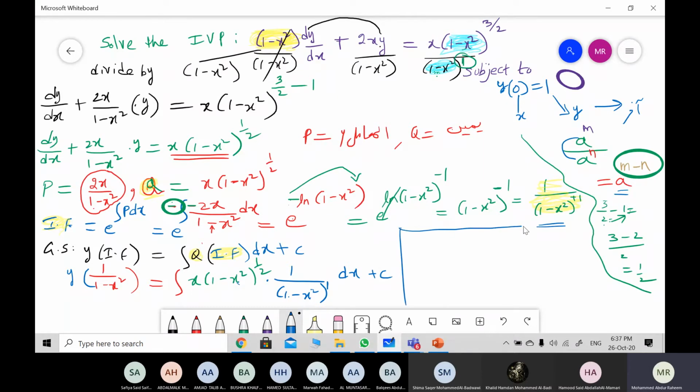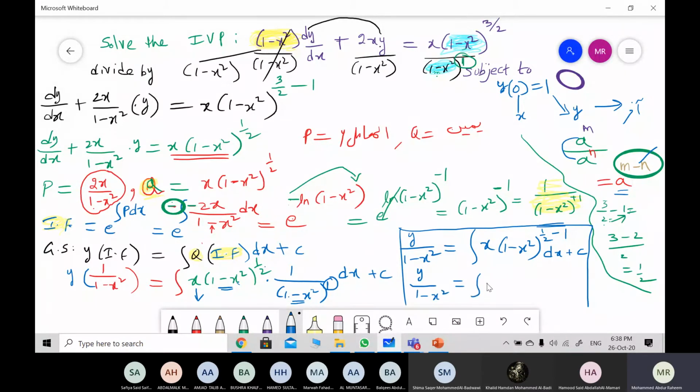That will be the next step. y divided by 1 minus x squared equals integral of x, the same as this, the same thing, 1 minus x squared power minus 1, dx plus c. y over 1 minus x squared.